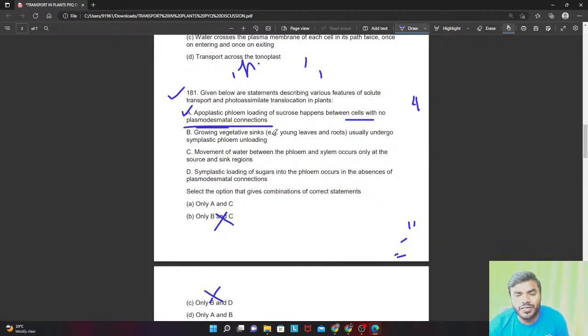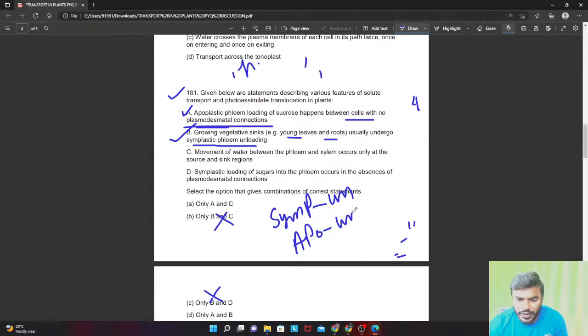Now, growing vegetative sinks, young leaves and roots usually undergo symplastic phloem unloading. Just now I have explained, this is a true statement. Friends, I am reminding all of you, remember once again: symplastic unloading and apoplastic unloading.